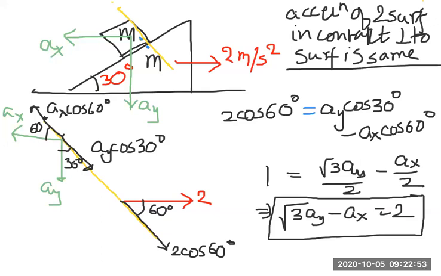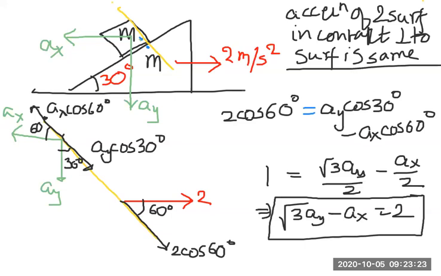Now acceleration is a vector quantity, right? So it will make no difference if you have taken ax and ay the other way around. Acceleration is a vector quantity, which means that not only must the magnitude be same but also the direction should be same. So the component I took, 2 cos 60 degrees, has a particular direction.